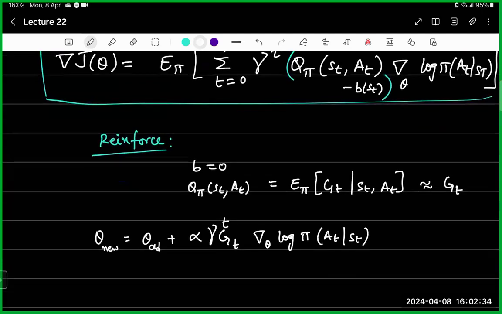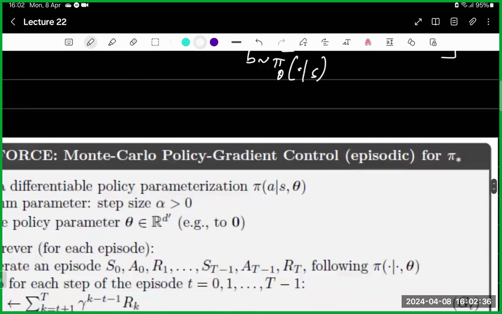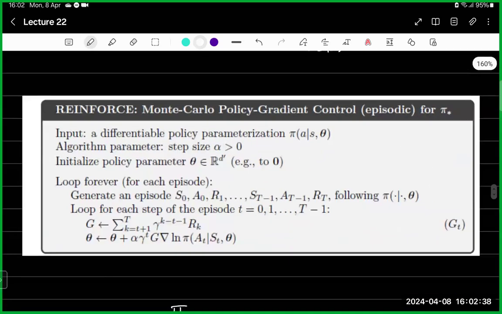So just to see that in the algorithm form, this is the REINFORCE algorithm, where here what we'll do, we'll first generate one trajectory from our current policy parameter. You'll start with some arbitrary parameter, right? You'll start with some theta.